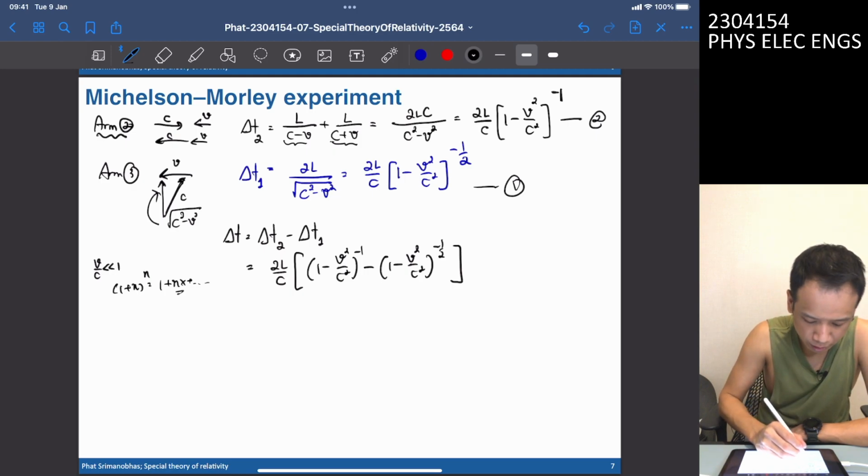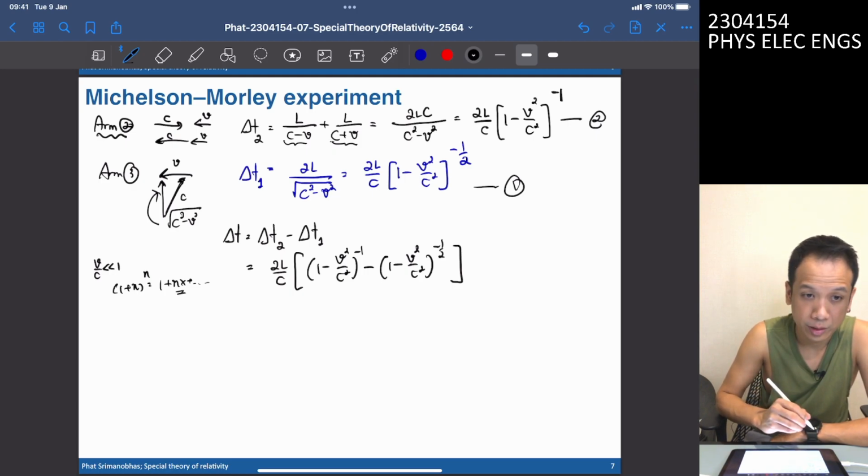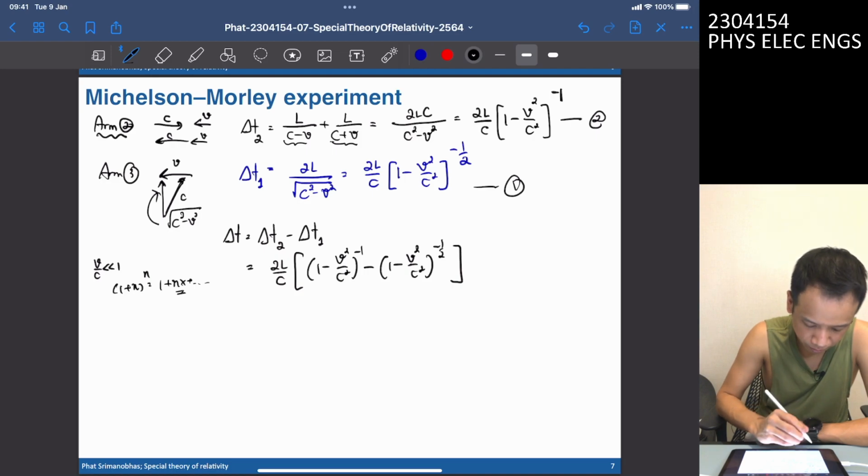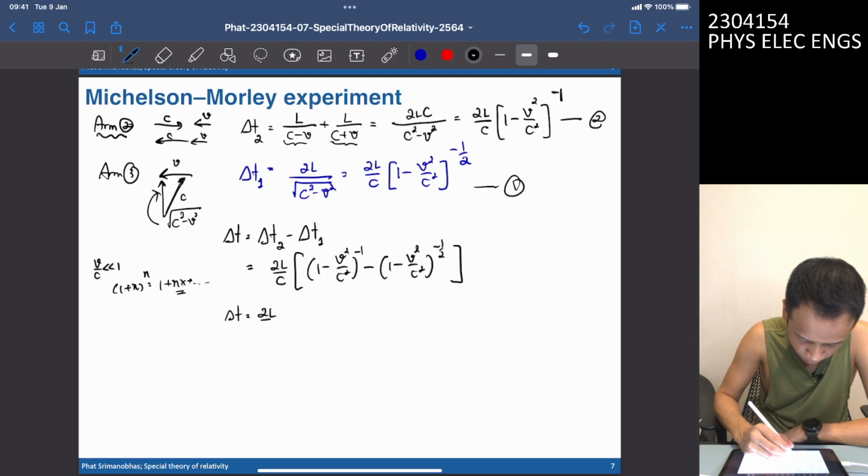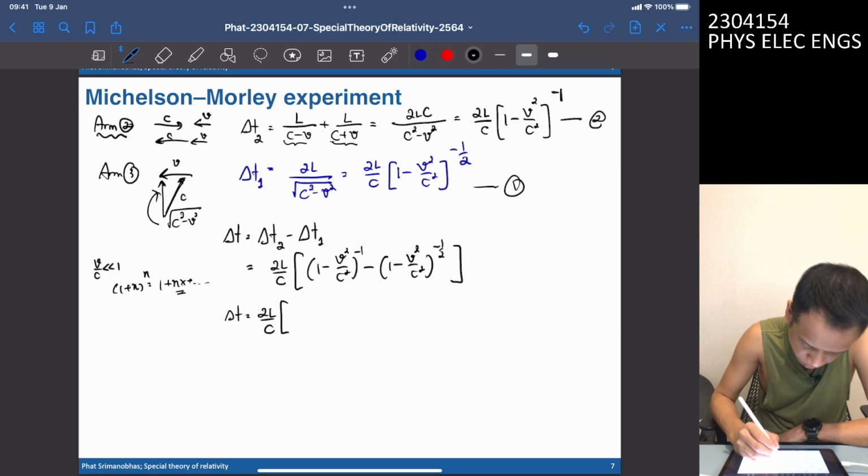So we keep only the first order, with x to the power of 1. So the delta t becomes 2L over c, and the first term is 1 plus v square over c square.